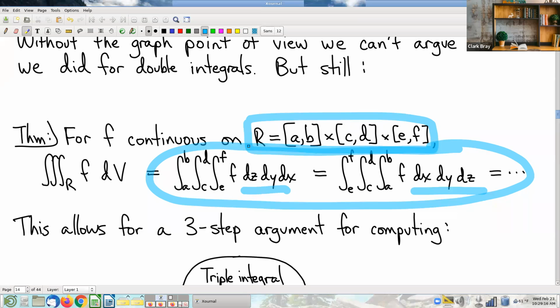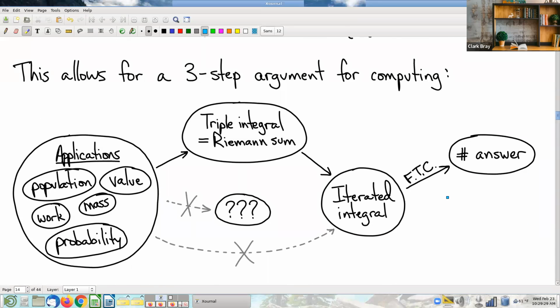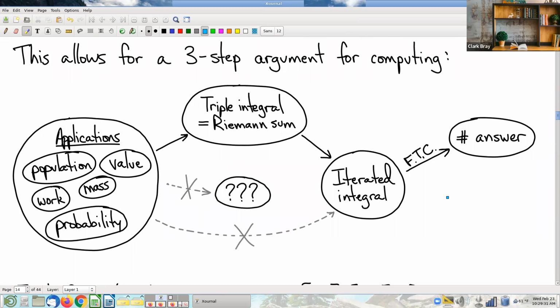So you have more choices, which is a good thing, but it's also a bad thing because you have more decisions to make, arguably. But they all will give you the same answer. Okay. And so we end up with ultimately the same 3-step process for answering an application question. It's morally identical to the process that we just saw with double integrals.